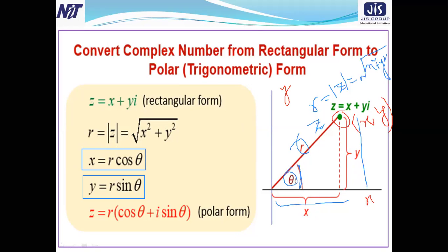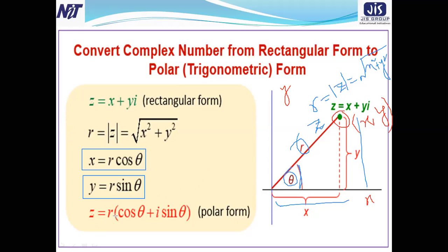Because cos theta equals x by r, that is base divided by hypotenuse, and sin theta equals y by r, that is the height divided by r. So y equals r sin theta.